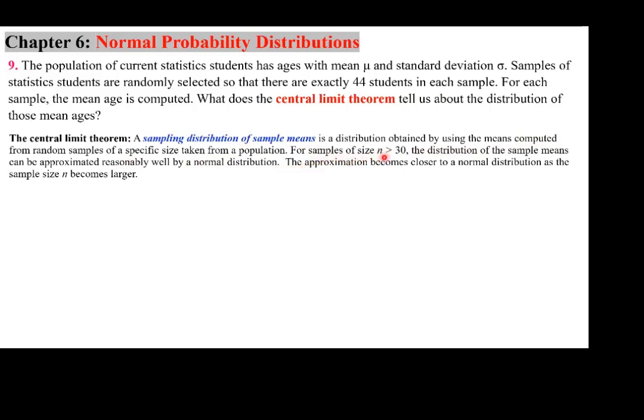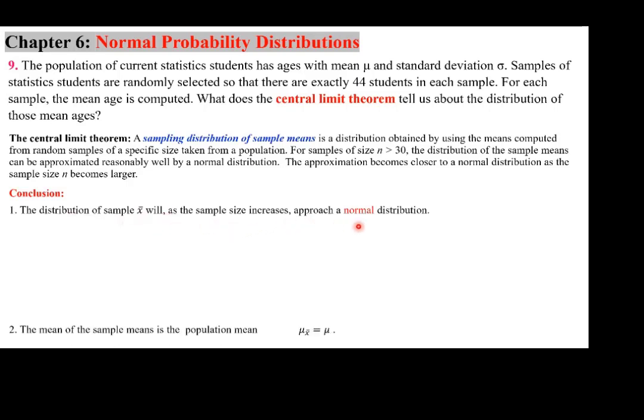For samples of size n larger than 30, the distribution of sample means can be approximated reasonably well by a normal distribution. The approximation becomes closer to a normal distribution as the sample size n becomes larger. And the conclusion is the distribution of sample x bar will, as the sample size increases, approach a normal distribution.